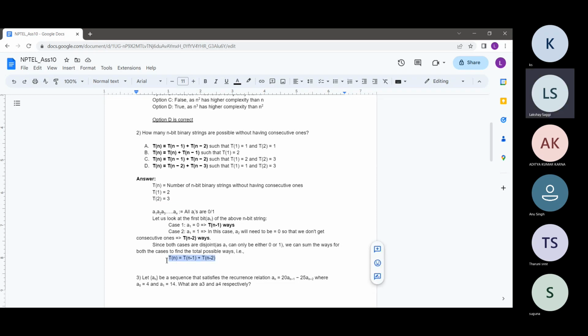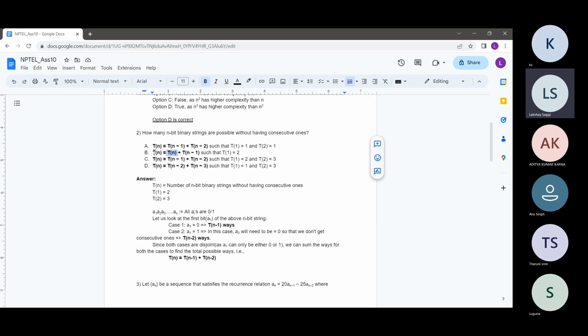So final answer of what we get is t of n is t of n minus 1 plus t of n minus 2, t of 1 is 2 and t of 2 is 3. Let's see which option matches this. The first option says t of n is t of n minus 1 plus t of n minus 2. The recursion is correct, but t of 1 is 1 and t of 2 is 1, so this is incorrect, as t of 2 we already discussed would be 3, the 00, 01, 10 strings, if you guys remember.